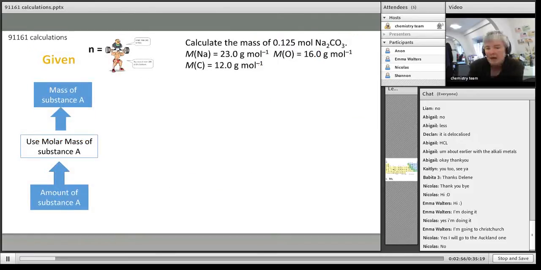Okay, so let's carry on with the one-step calculations very quickly. Now the one-step is for achieved level, two-step is for merit level, and three-step, where you use the molar mass, is for excellence, sorry. So remember what I said, when you get given a question, just underline the keywords.